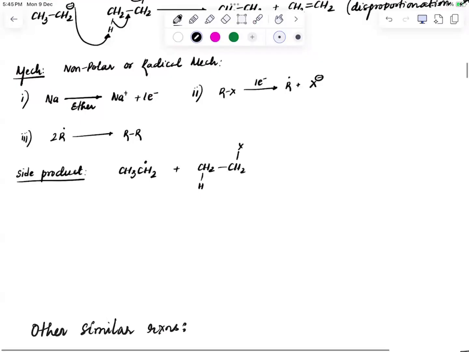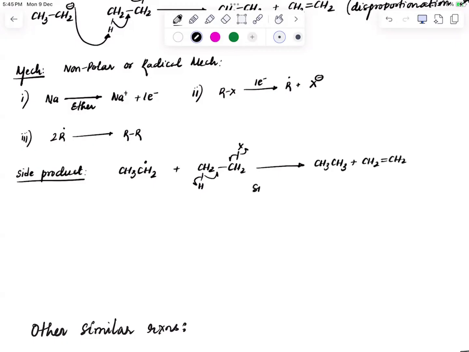Here this will undergo homolytic fission by making a double bond like this, so this will become CH3CH3 plus CH2=CH2. So we write this as similar to E2. E2 is specifically for bases, but this is for radicals. So it is very similar to the E2 mechanism.